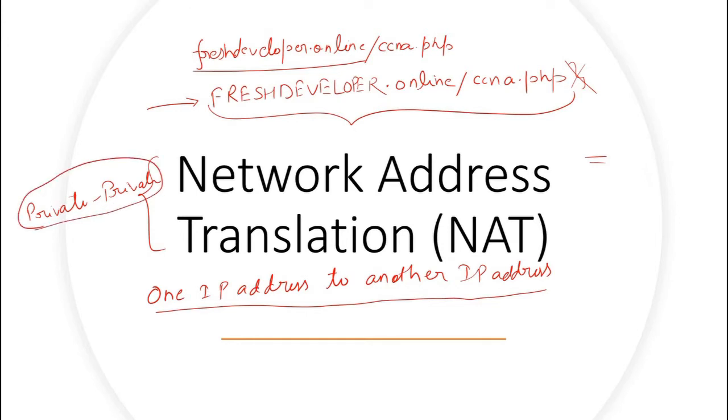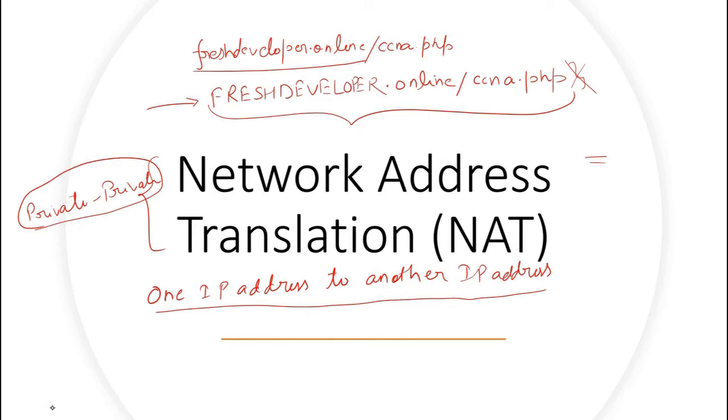So let me tell you why we come to this technology and why we actually need it. Whenever we are learning a topic, we should be aware of why we are using it.